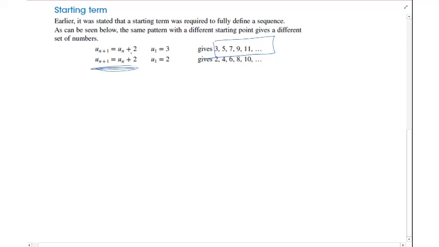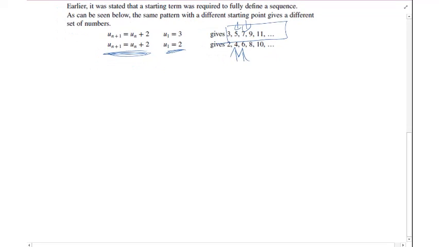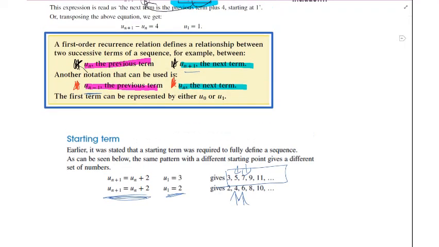But if my starting number is different, I get different numbers, because 3 plus 2 gives me 5, 5 plus 2 gives me 7. Whereas if I started with the 2, I get 2 plus 2 equals 4, 4 plus 2 equals 6. So that's a general idea you've got to work with here.